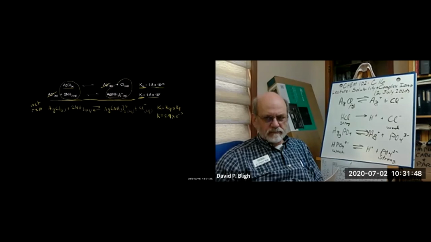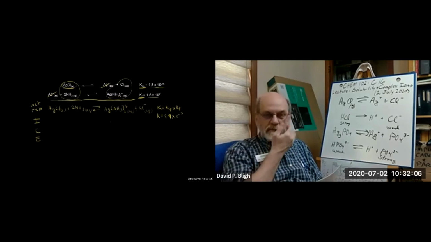All right, our goal is to find the molar solubility of silver chloride in our ammonia. We set up our ICE table: our initial concentrations, our change, and then our equilibrium concentration. Let's pretend we're starting out with our solution of ammonia, and we haven't added any silver chloride yet.